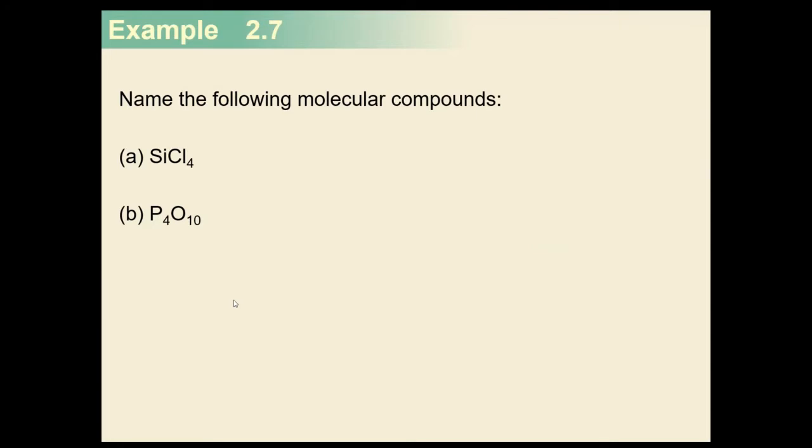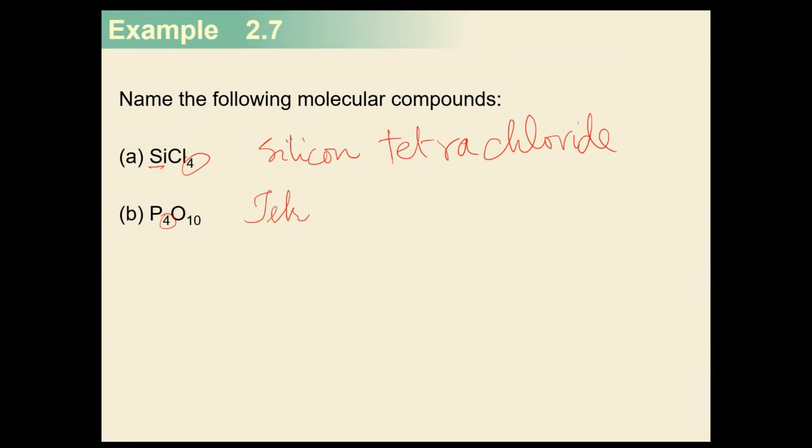Here is an example. So what should we write its name? Si? Silicon. Very good. How many chlorine? 4. It is tetrachloride. Okay. How many phosphorus? 4.